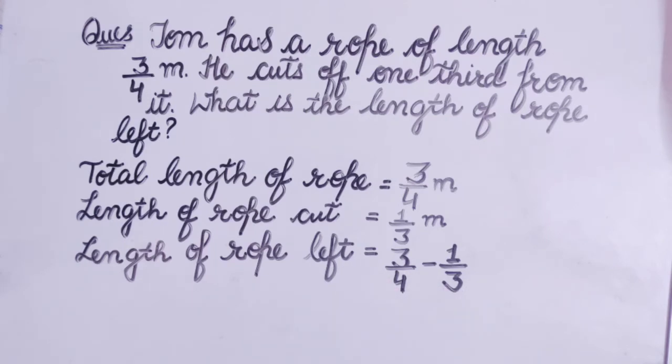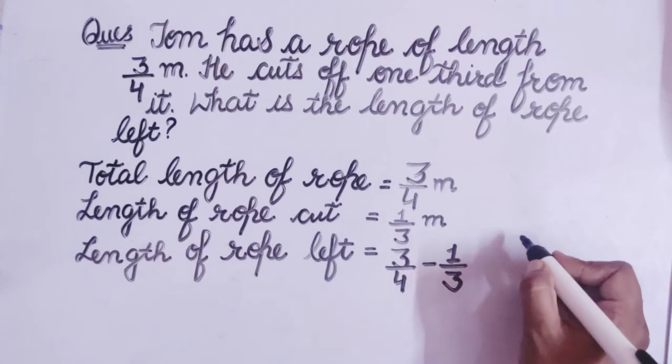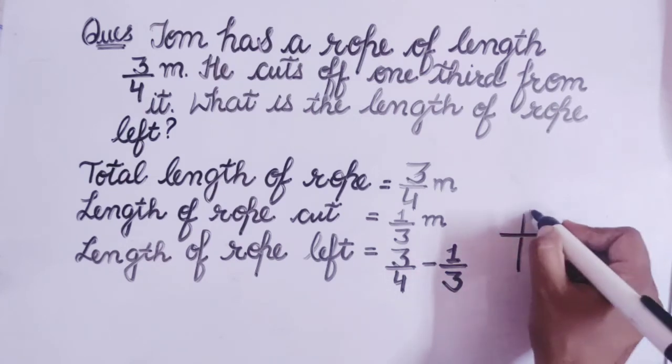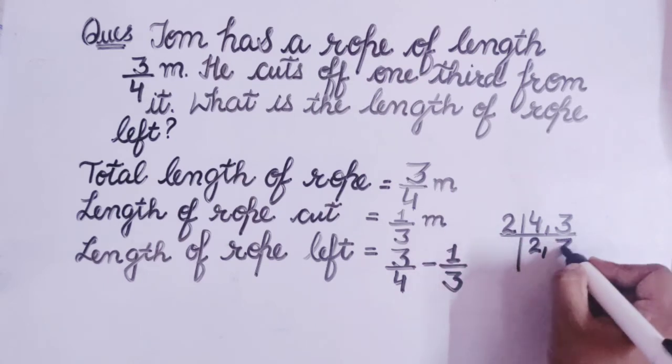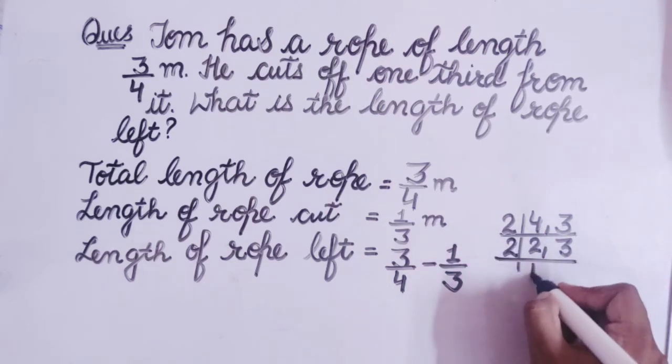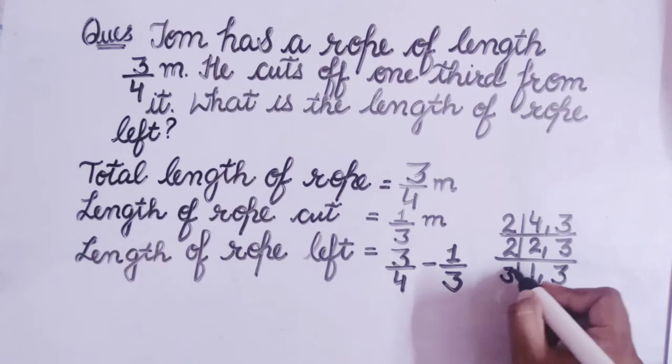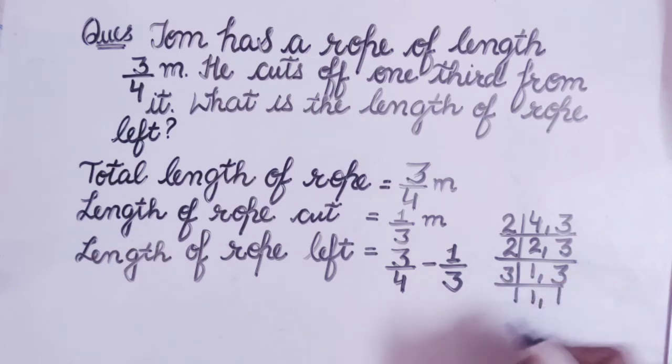Or the other way is, you have to find the LCM of the denominators. Yes students, let's find the LCM of the denominators. 2 2s are 4, 2 1s are 2, and at last 3 1s are 3.